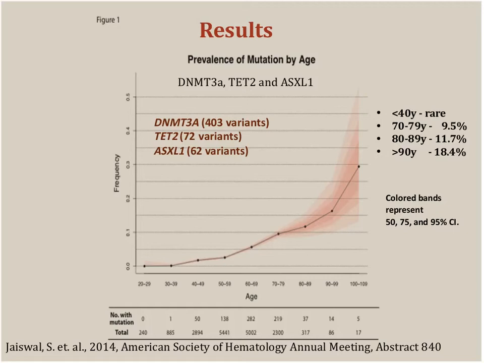You can again see down here at the bottom of the slide the total number of patients that were studied, which obviously gets smaller as patients age, and there are only about 86 patients in the 90 to 99 age category.